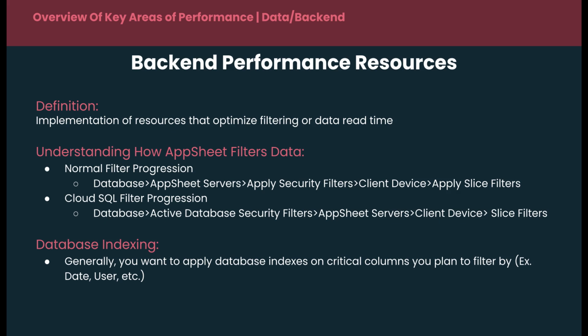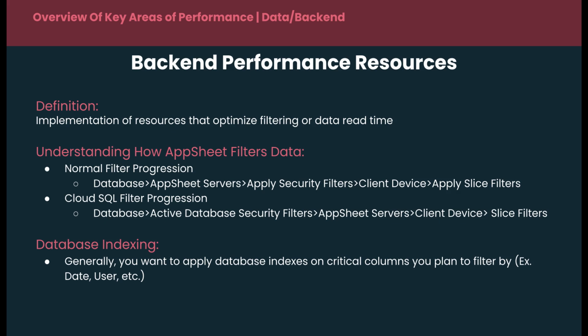Now, if you have a Cloud SQL database and you have, I would say, less complex filters as security filters, what will actually end up happening is AppSheet has a feature called active database filtering. And instead of pulling the whole table data from the database to AppSheet servers, it actually sends in a query that it uses to pull data to its servers.